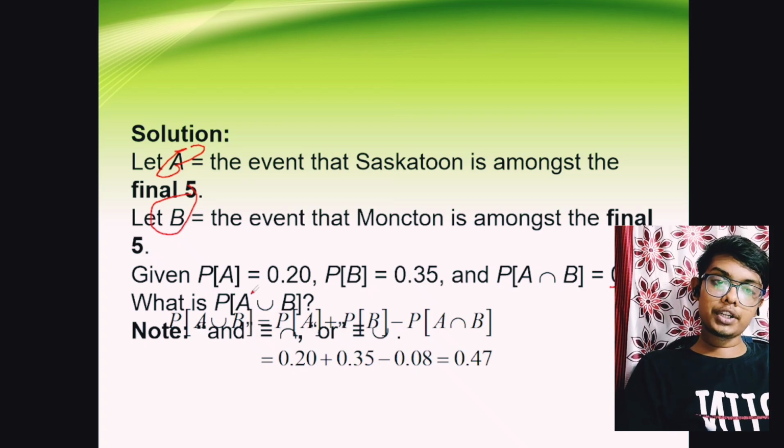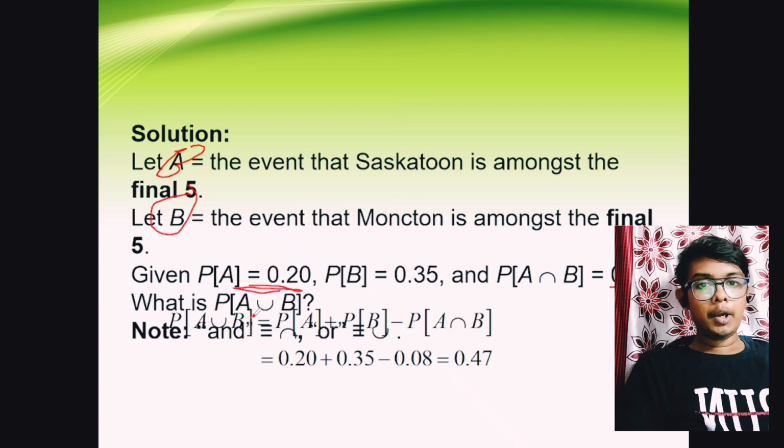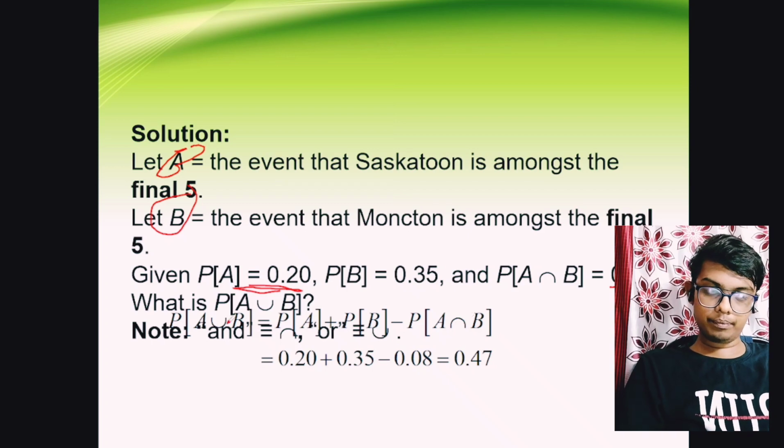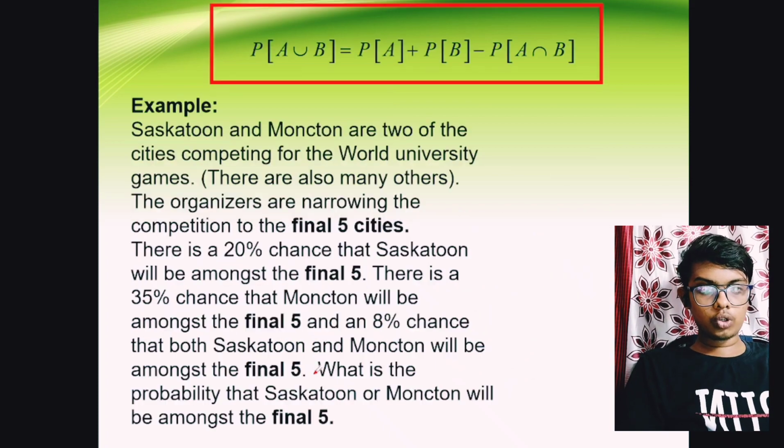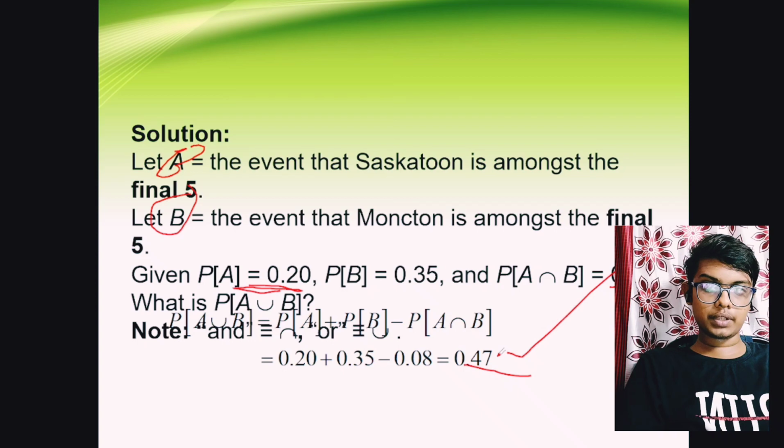We have to find P of A union B. We know that P of A union B is equal to P of A plus P of B minus P of A intersection B. Here P of A is 0.20, P of B is 0.35, and P of A intersection B is 0.08, so the result is 0.47. So the probability that Saskatoon or Moncton will be among the final 5 is 0.47. So this is how it is done.